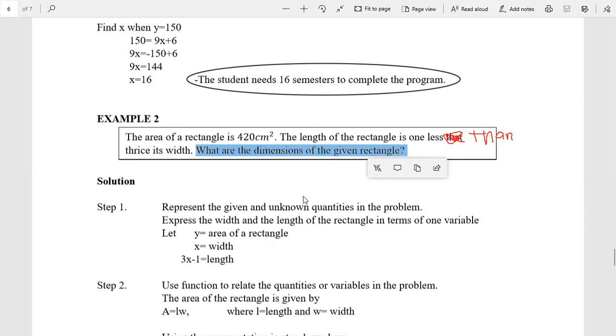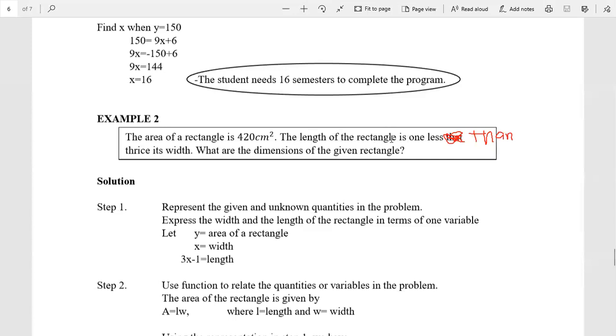So first step, represent the given and unknown quantities in the problem. Express the width and the length of the rectangle in terms of one variable. Let y be the area of the rectangle and x the width.